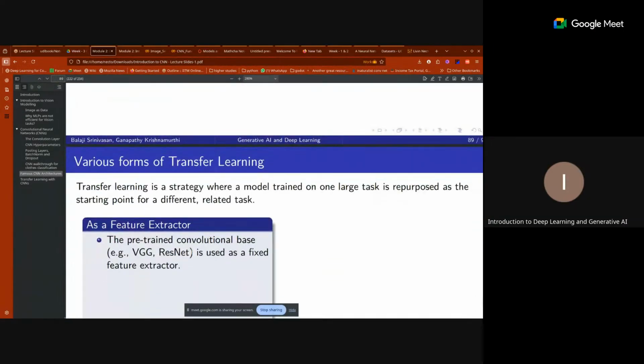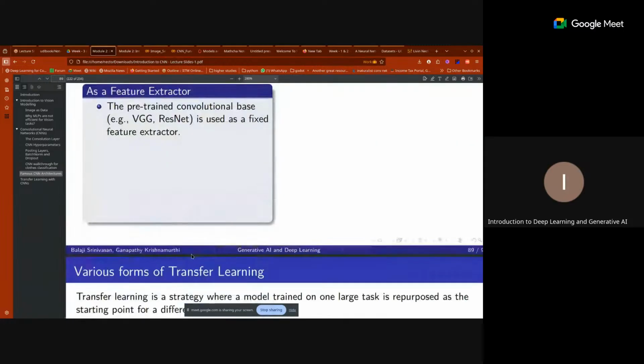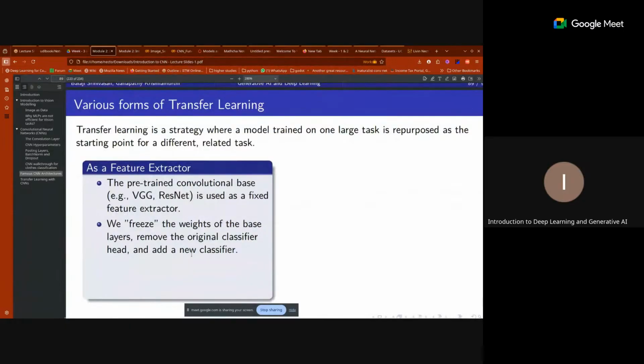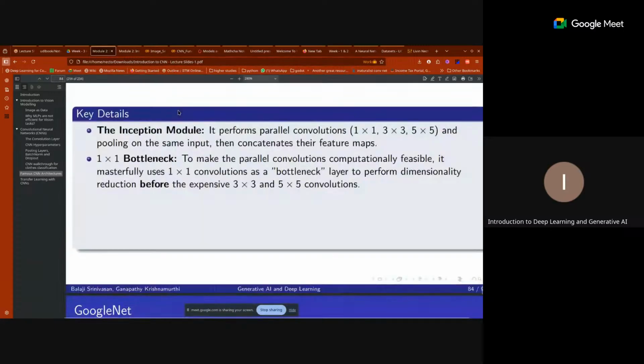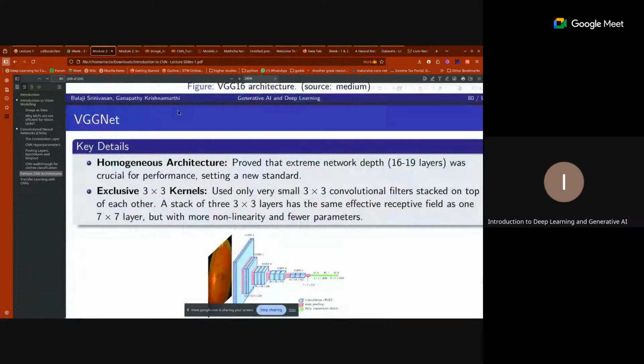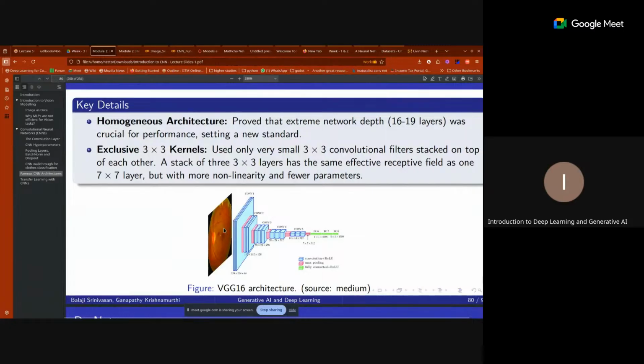So there are different types of transfer learning. It depends upon how many layers we are going to retrain. That is what we call freezing of the weights. What would be an example of a pre-trained convolutional base? Take any of these architectures. They have been trained on ImageNet data, right? So this would be the feature extractor base, the convolutional part.